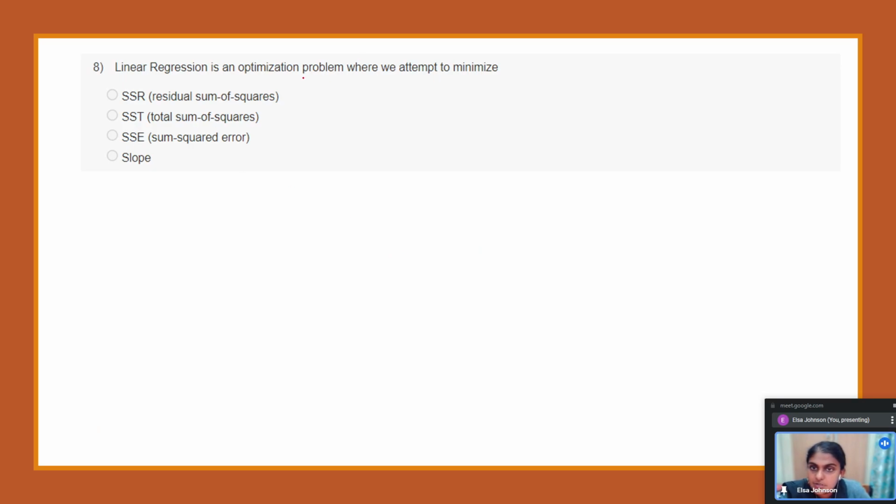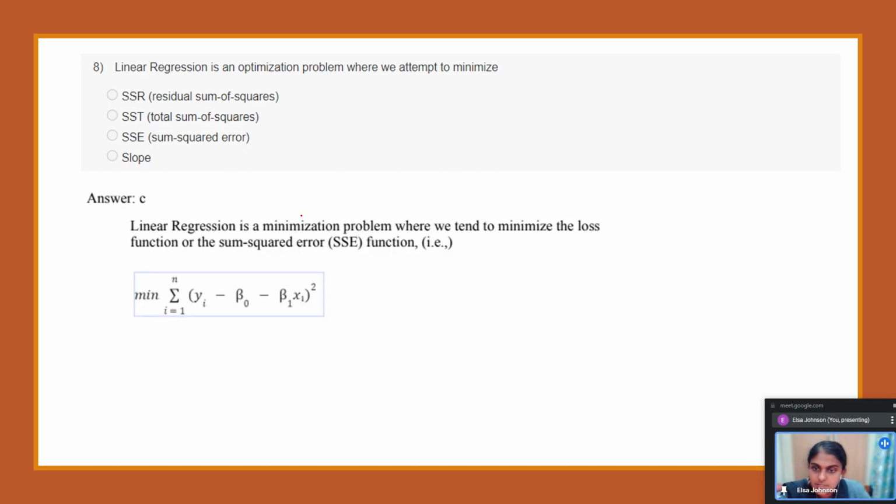Then linear regression is an optimization problem where we attempt to minimize. What is the answer? What is that we are attempting to minimize? Okay, sum squared error, that's true. So linear regression is a minimization problem where we tend to minimize the loss function. So the loss function is given by the SSE, sum squared error.